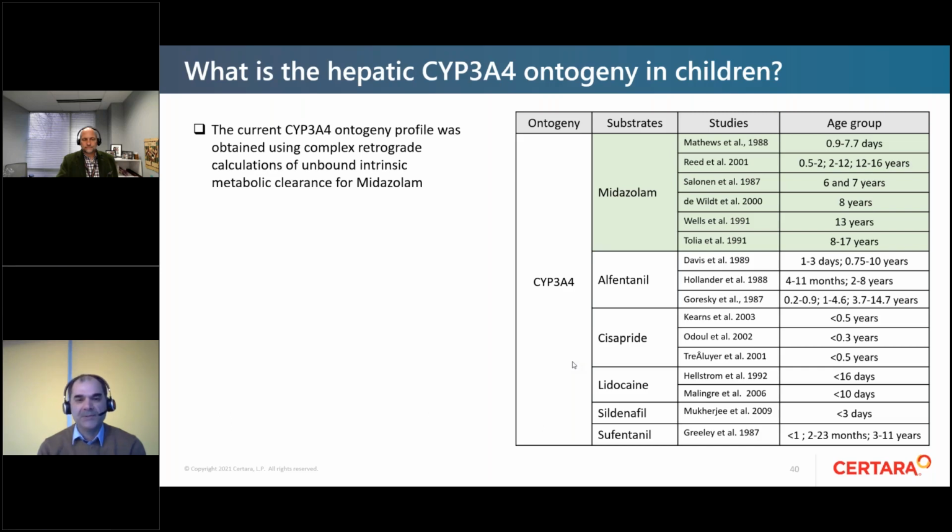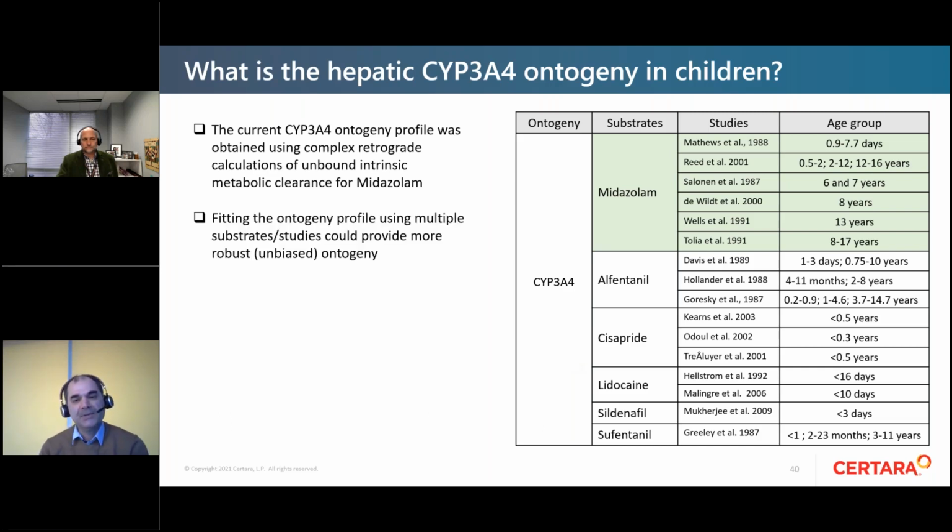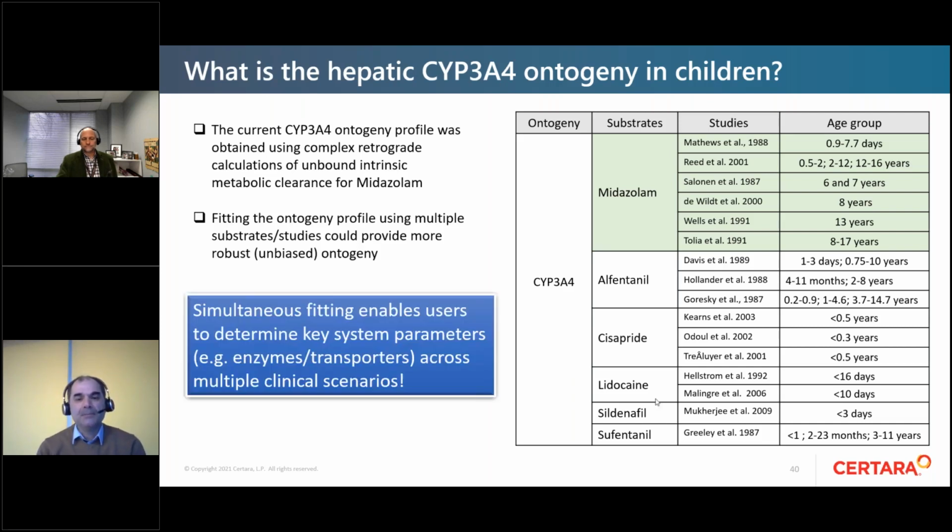We have done very sophisticated back calculation to come up with a specific ontogeny. But with the new capabilities, we can combine different drugs in different clinical studies and come up with a more robust ontogeny for 3A4, and we can do it for any other key parameters when we are developing a specific population.